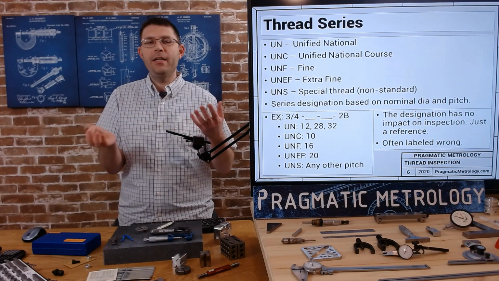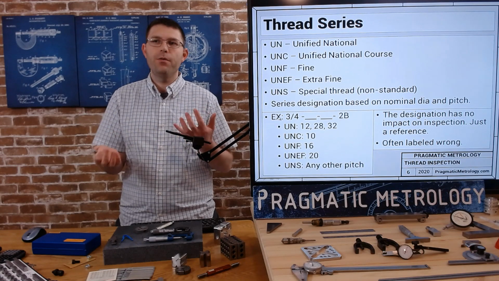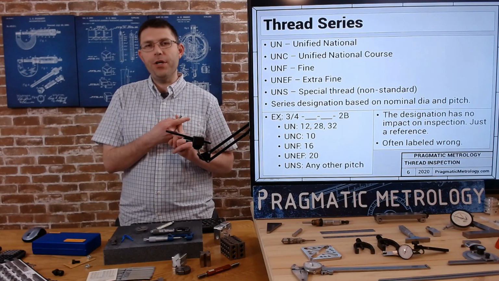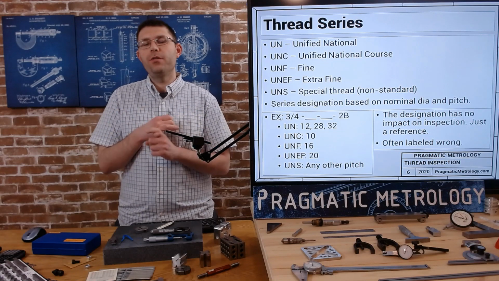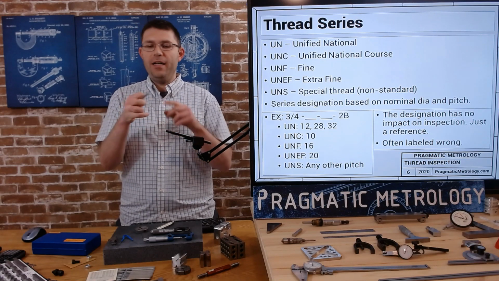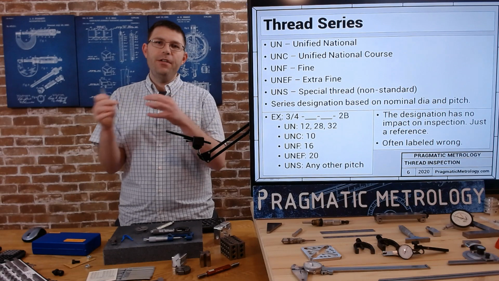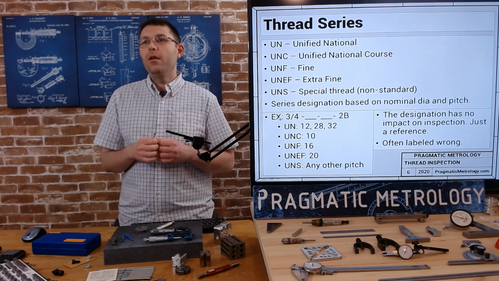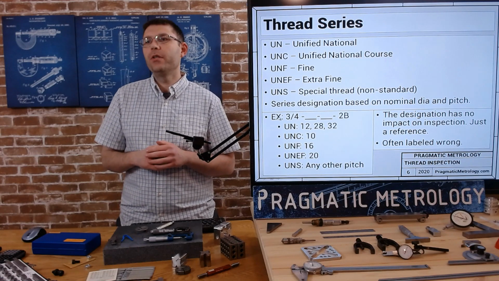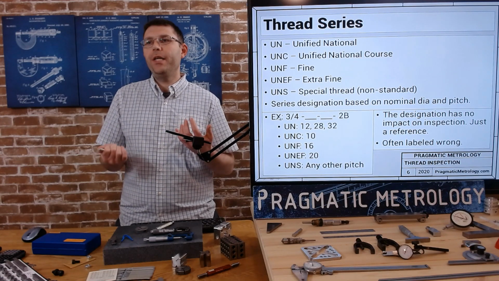So you might end up picking a non-standard thread at the diameter you're working at. And there's no universal, standard pitch, because as the diameters change, the standard thread pitches change with them. So in this example, the 3/4, if you're going to be UN, you're 12, 28, and 32.